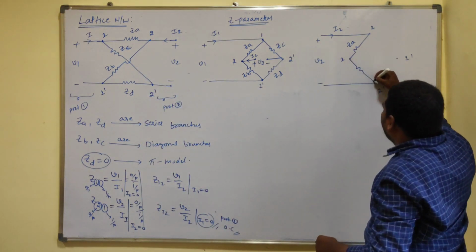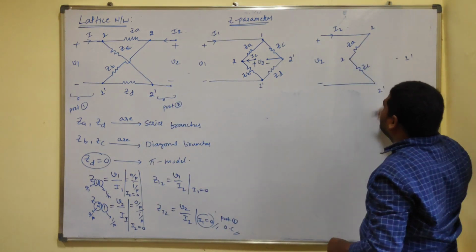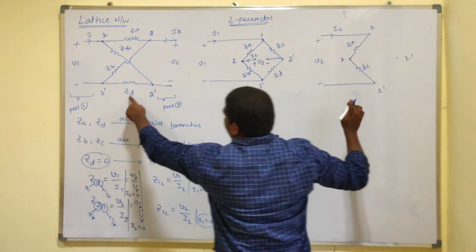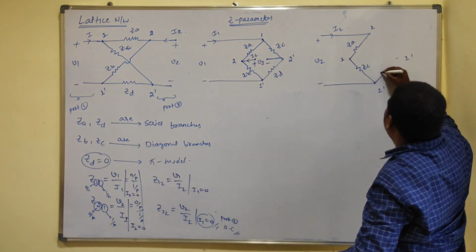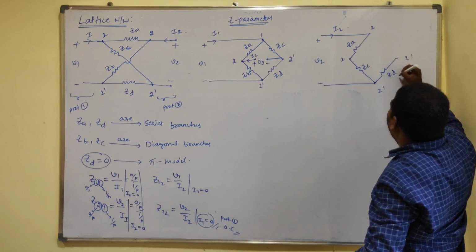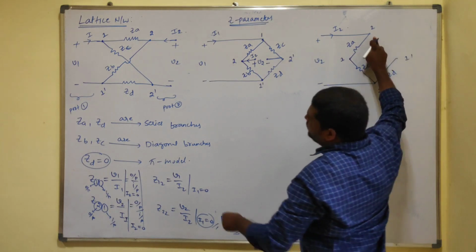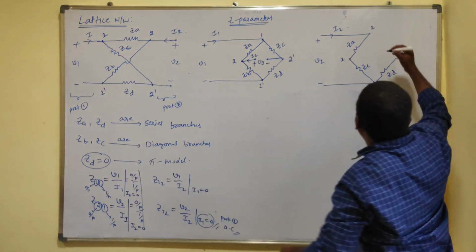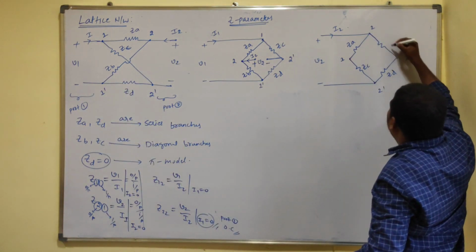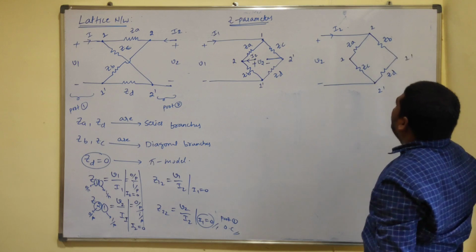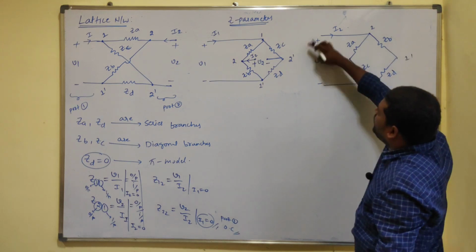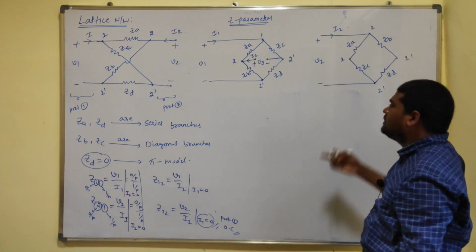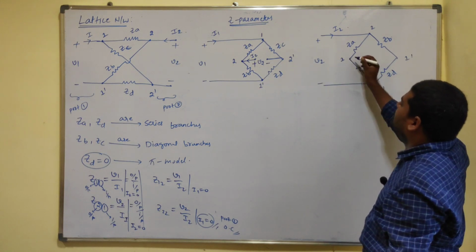Next, 2 dash to 1 dash, we have the ZD element, and 1 dash to 2, we have the ZB element. This is port 2, the circuit with respect to port 2 is over, and to the left is port 1.